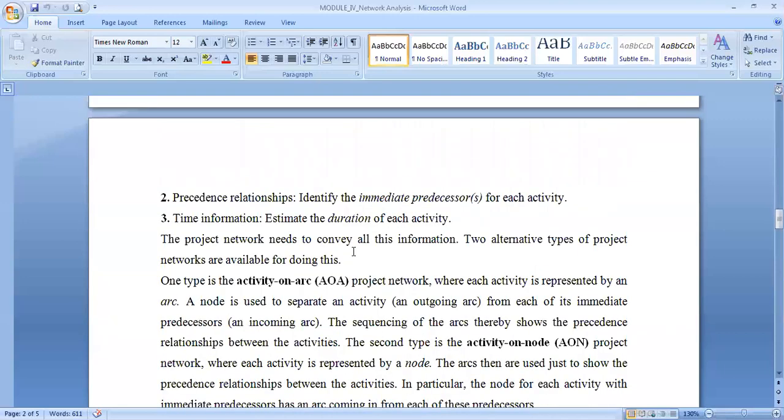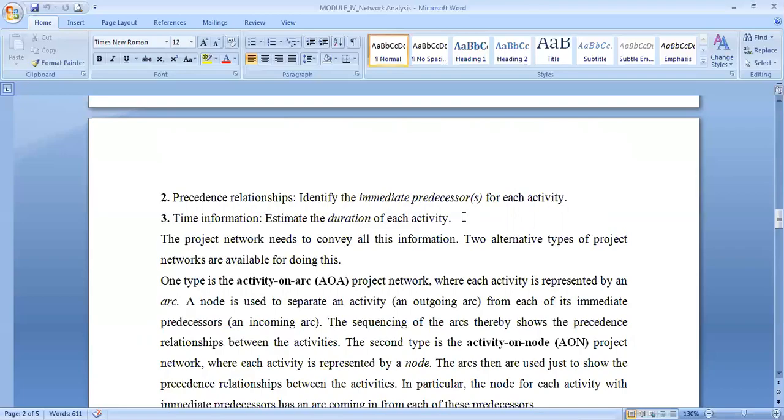Then precedence relationship, that is the immediate predecessors. Precedence relationship means the interdependency of the various activities, how the different activities are interrelated, in the sense of which activity is to be started after completing which activity. If there are three activities, activity one has no precedence relationship, meaning there is no previous activity for it. It is the first activity.